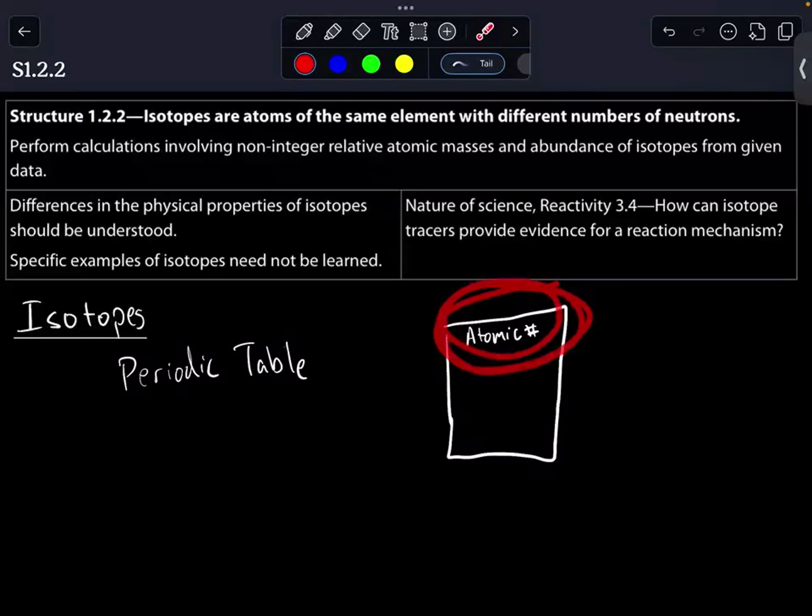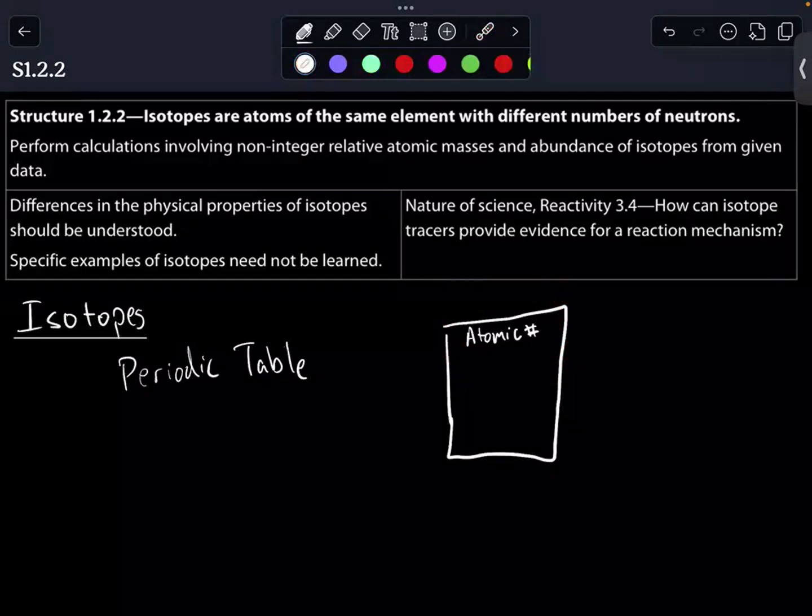So every element with the same atomic number is the same element. Then we have our element symbol. It also identifies the element. It's always going to be 1 to 2 letters, and the first one is capitalized, always.